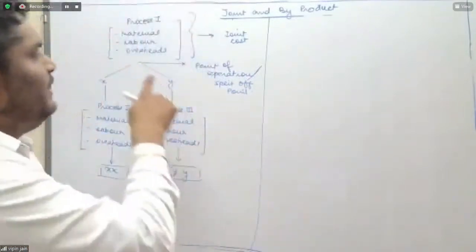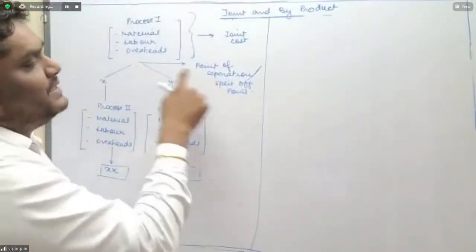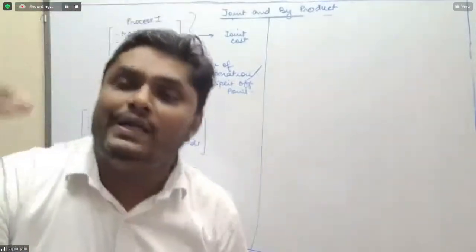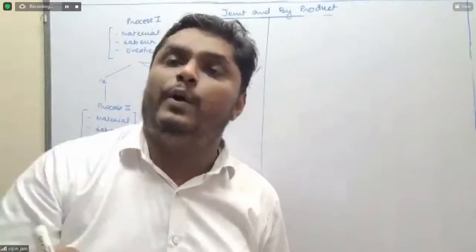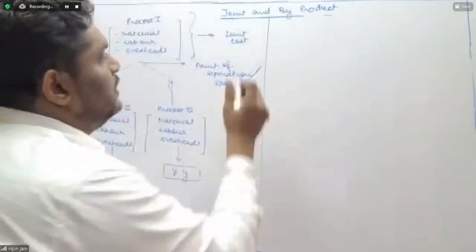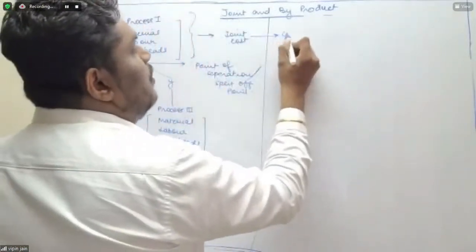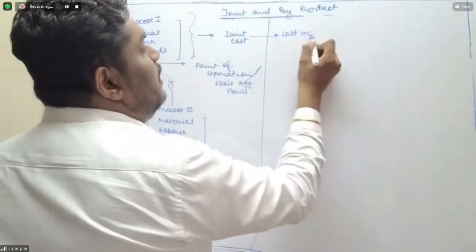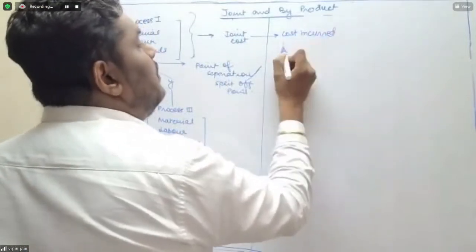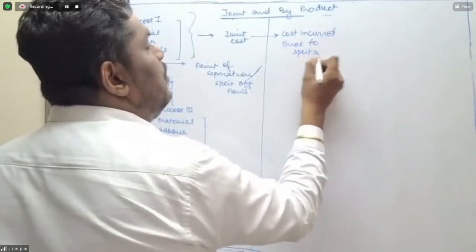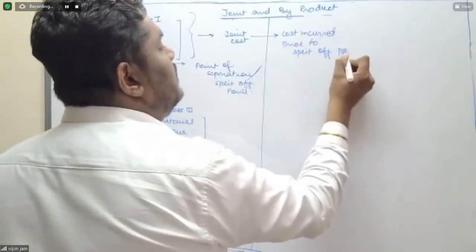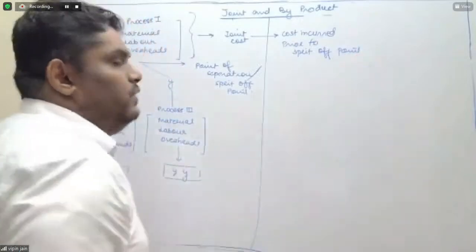What is split off point? In this example, this is the split off point. And whatever the cost that is incurred prior to split off point, before split off point, is known as joint cost. So what is joint cost? Cost incurred prior to split off point is known as joint cost.